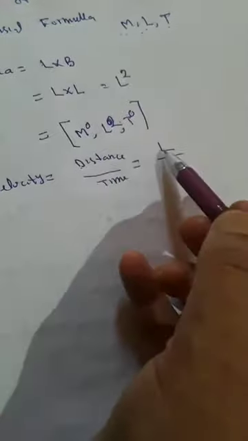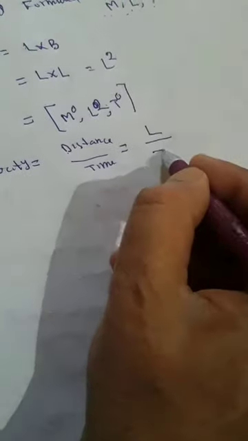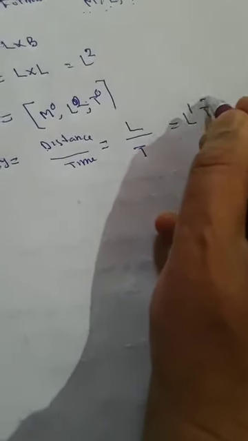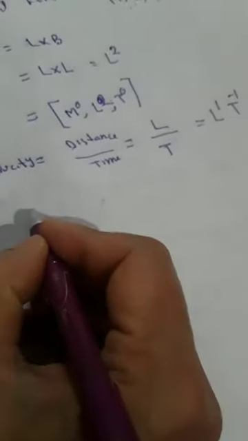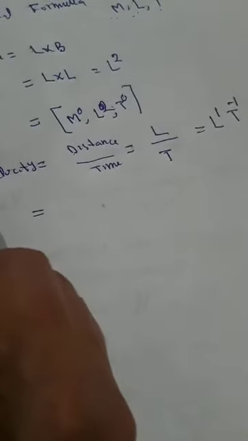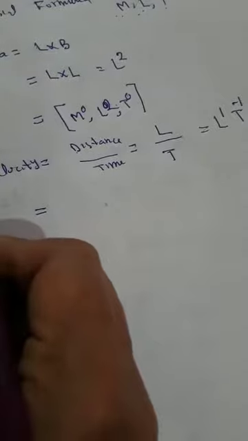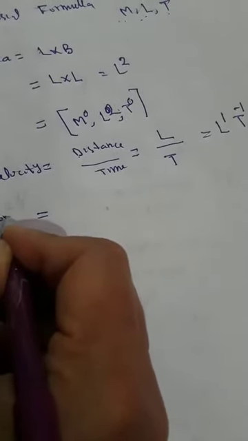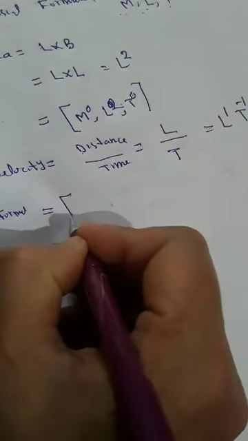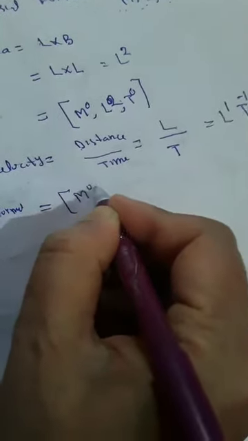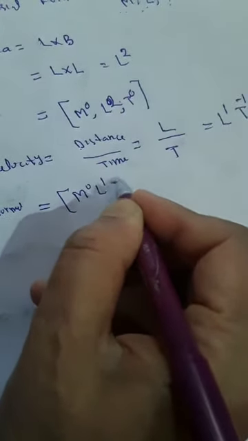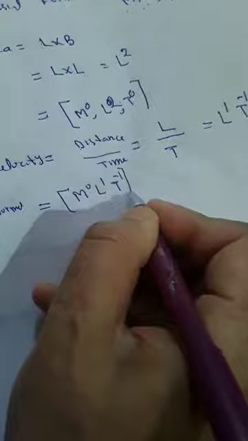That is distance. Distance is the length. Time is T. It can be written as L1 T raised to power -1. The dimensional formula of velocity becomes [M0 L1 T-1]. This is the dimensional formula of velocity.